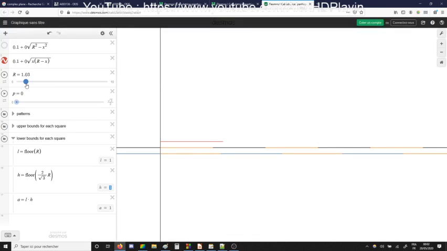And then we just reach one and everything is one. Basically it only increases every 2 over square root of 3 for this one and every unit here. So their product gives us a lower bound for each square.